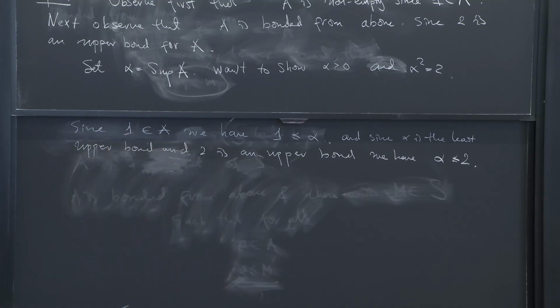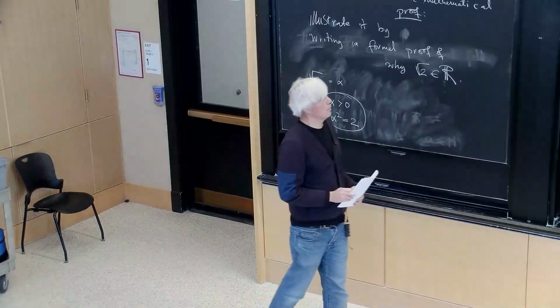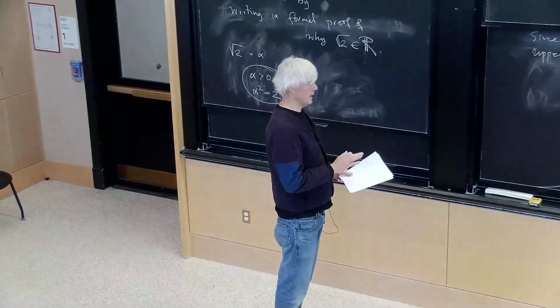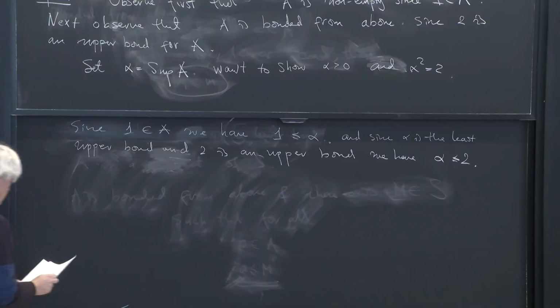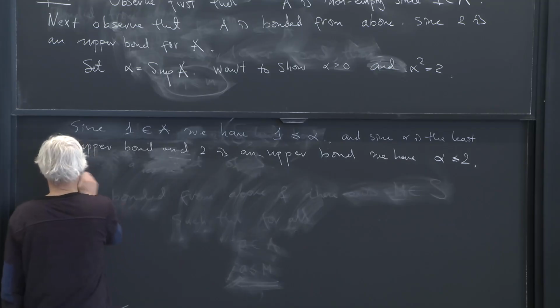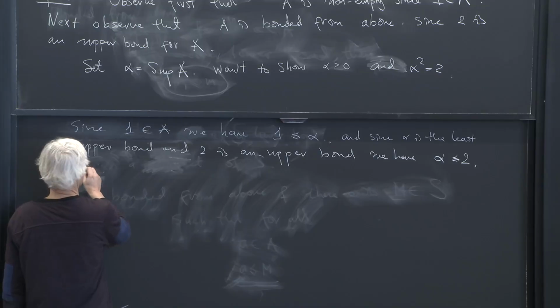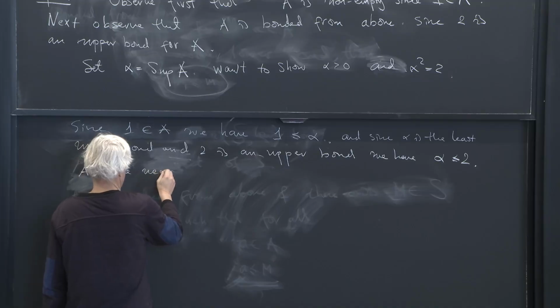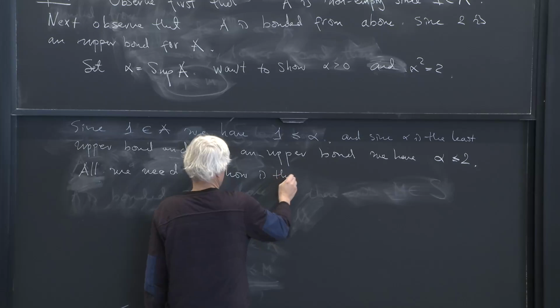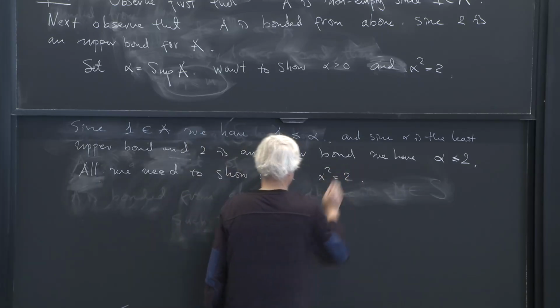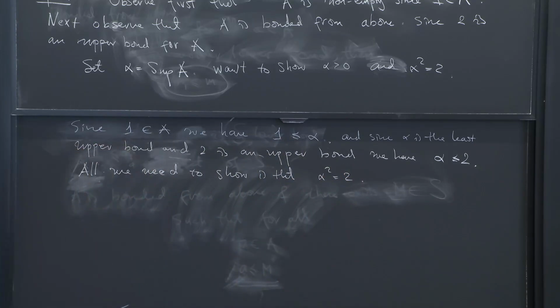Okay, now remember, we're going to do it exactly like we did last time, but we're just going to write it down in a proper way as a proof. Remember that last time we divided the proof into 2 steps. All we need to prove to show is that alpha squared is equal to 2, because we already have it as positive, since it's bigger than 1.